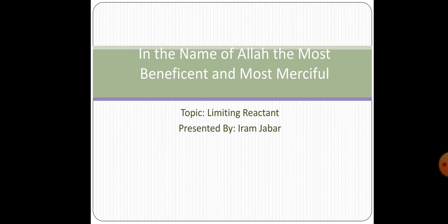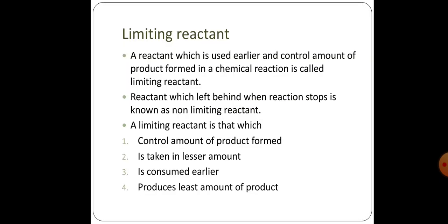In our today's lecture, we will discuss limiting reactant. You know that when we start a reaction, we take two or more reactants, and from these reactants, one reactant is consumed completely while the other one is left behind.